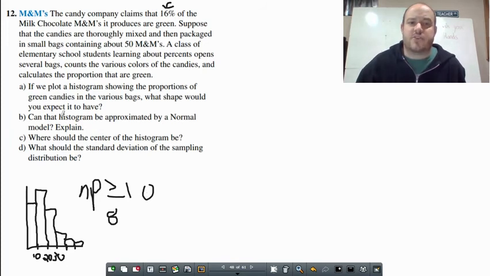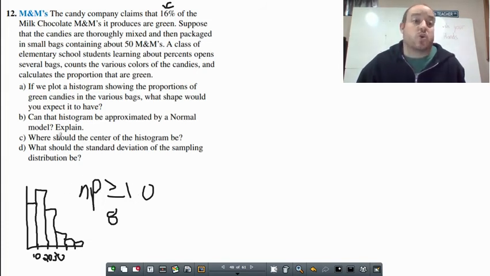So can this histogram be approximated by a normal model? No, because it would fail the success-fail condition. At the same time, it should be close to a normal model, but because we fail that condition, it's not going to be perfect.